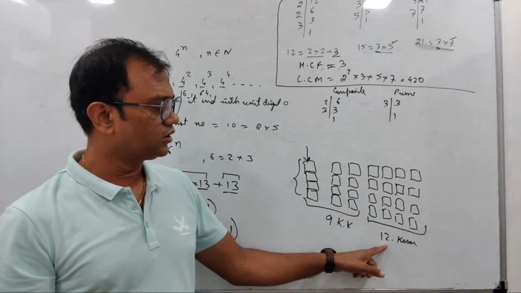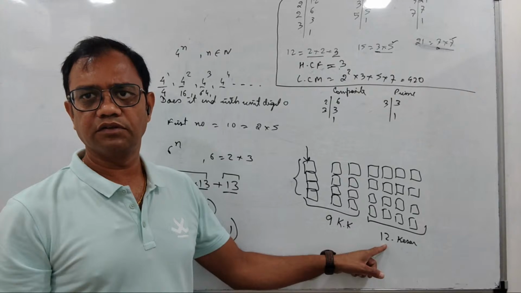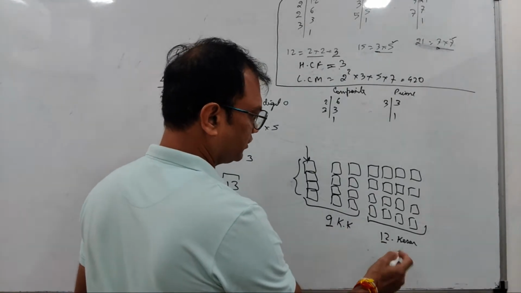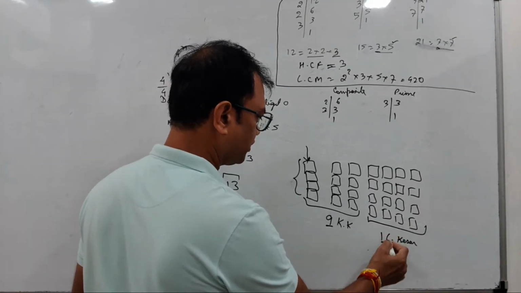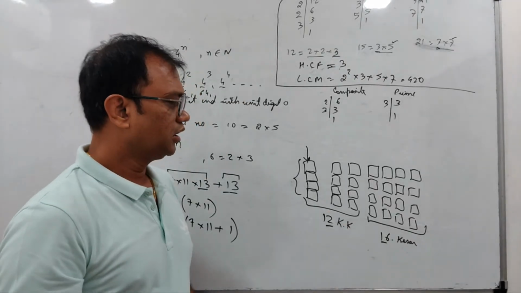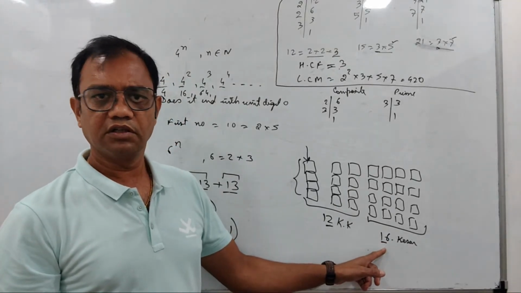In one stack you cannot have more than 12, it will be fewer than 12. So you need to find the HCF. So HCF of 9 and 16, I'm sorry, this is 12 and this is 16. So the HCF of 12 and 16 is 4.